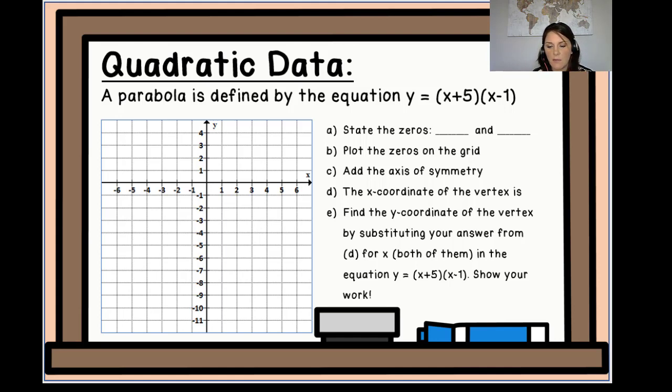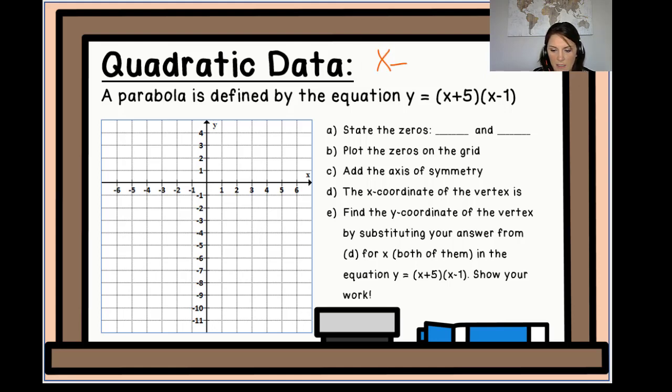So the zeros can be found by looking at our equation: y equals (x plus 5) and (x minus 1). So we can think about just switching our signs, or another way to look at this is actually setting each of those brackets equal to 0 and solving for x.